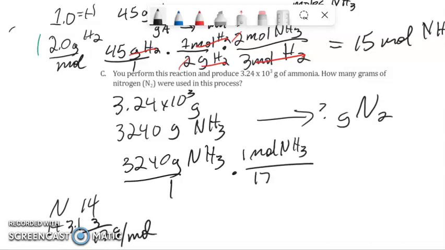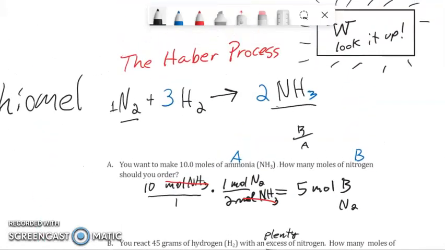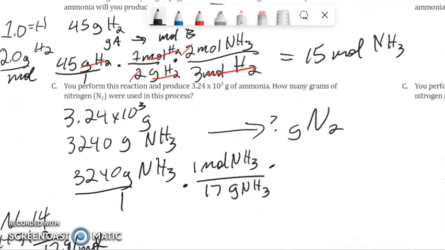So 17 grams ammonia. Now we need the molar ratio. The molar ratio is going to be 2 ammonias for every 1 nitrogen. And it's nitrogen that we want, so we're going to put nitrogen on top. 1 mole nitrogen, 2 moles ammonia.